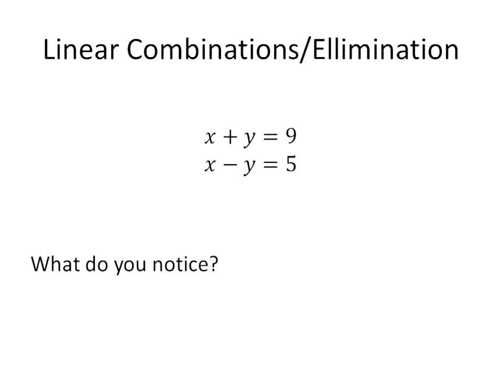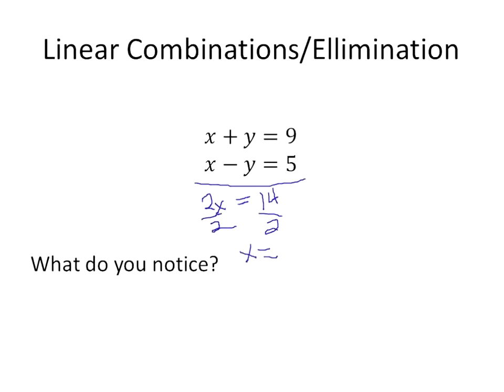Let's add them together like we did before. So if we add them together, we're going to end up with 2x on this side. A positive y and negative y makes 0. And I get 14. And what a lot of the students did is they just went ahead and divided by 2 and solved for x, which was a good thing to do.